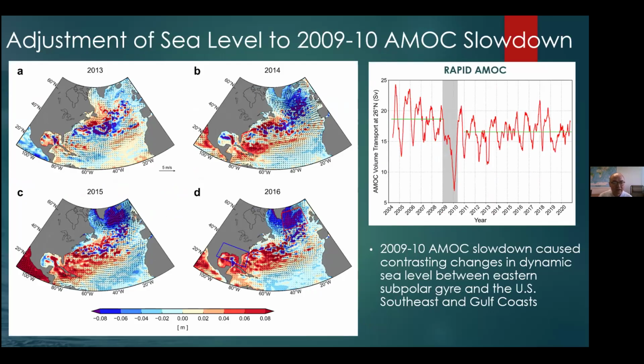Okay, so this contrasting pattern is related to the slowdown of the AMOC. The red panel shows the time series of the AMOC volume transport at 26 degrees north in the North Atlantic. There is a slowdown event in 2009, 2010, an AMOC slowdown. You can see the shading area.